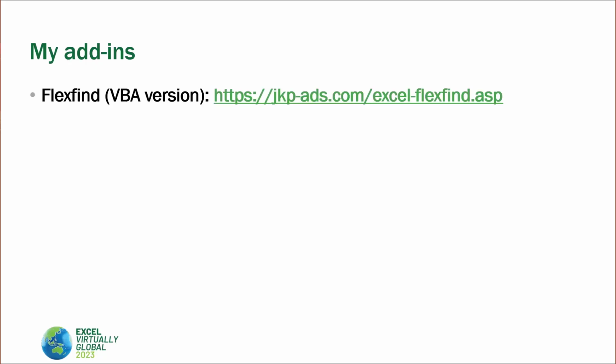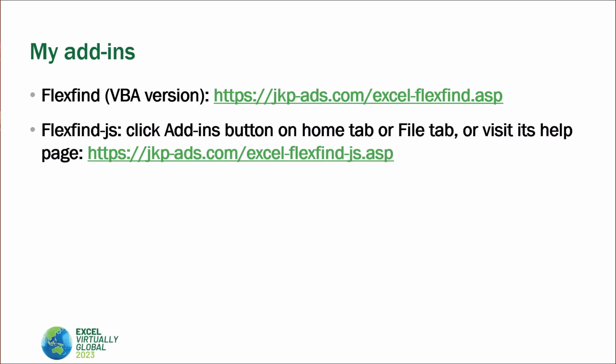So that was my add-ins presentation. I've shown you my FlexFind add-in, the VBA version, which you can find using this URL. I've shown you my FlexFind JavaScript edition, which you can add by clicking that add-ins button, which is either on your Home tab or your File tab, or maybe even your Insert tab, which has a help page that you can see here.